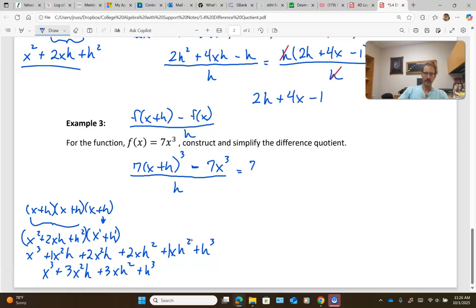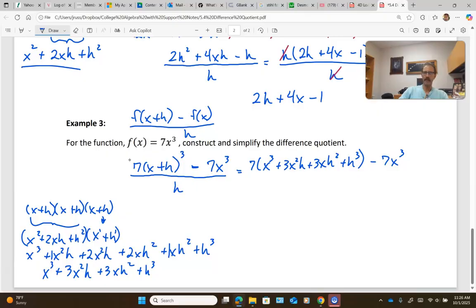So now I'm going to copy all those. I still need to keep that in parentheses because I still have to distribute this 7 right here. So x cubed plus 3x squared h plus 3xh squared plus h cubed, and then copy the rest of it, minus 7x cubed.